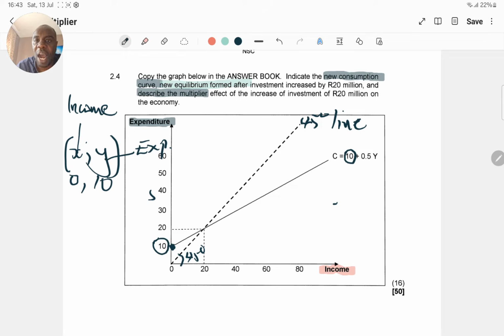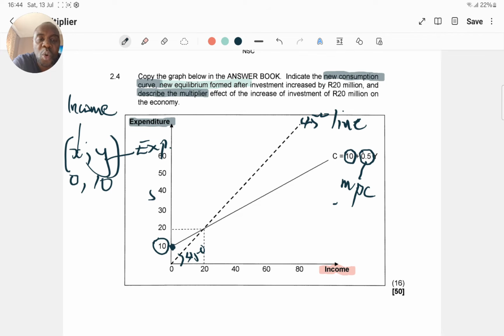That becomes our autonomous consumption. And then the next thing that we need to analyze on this line is the 0.5. The 0.5 is our MPC, which is known as the marginal propensity to consume.